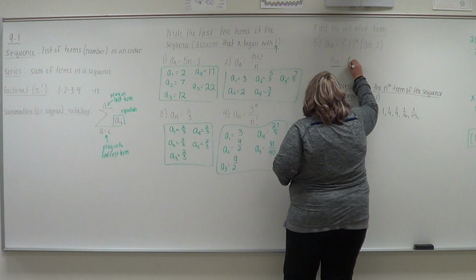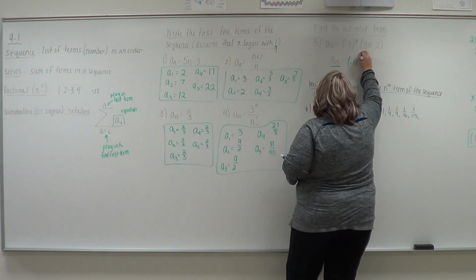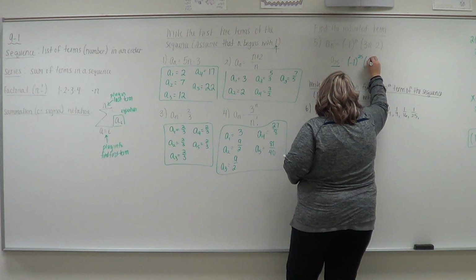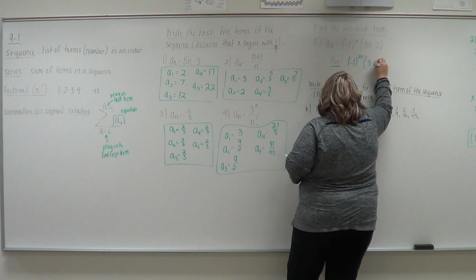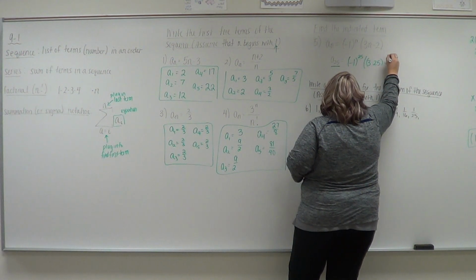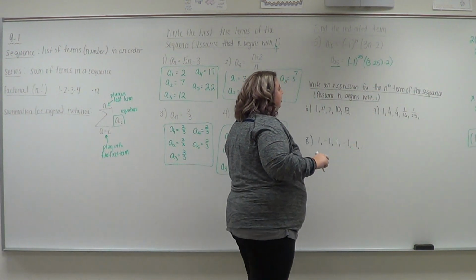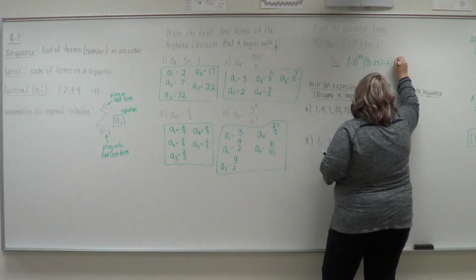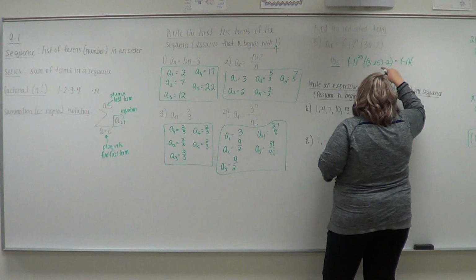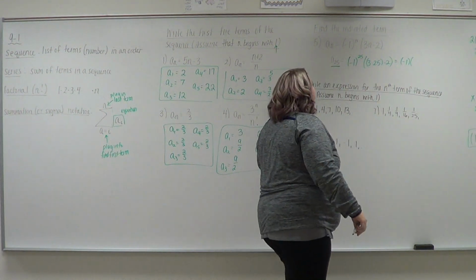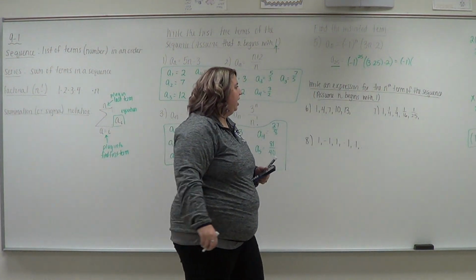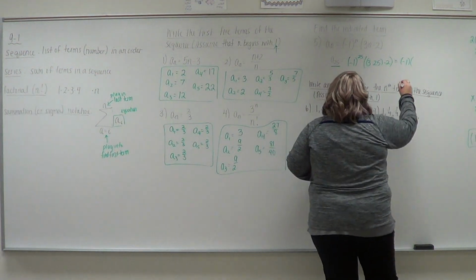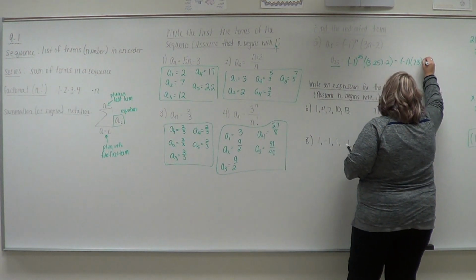So this would be -1 to the 25th times 3 times 25, and then I'm going to subtract 2. Follow your order of operations. So -1 to the 25th is -1, and then I'm going to multiply that. Well, 3 times 25 is 75, minus 2 is 73.